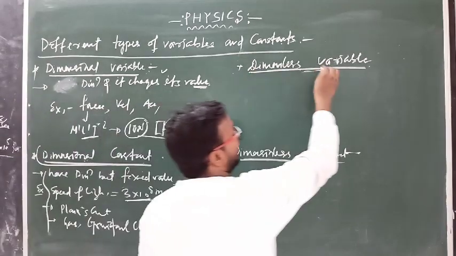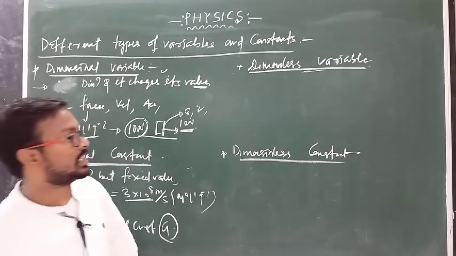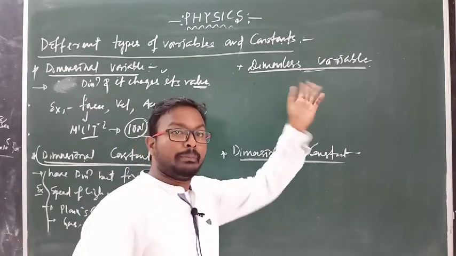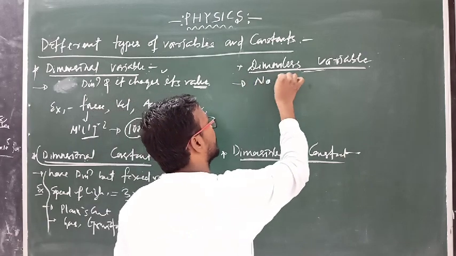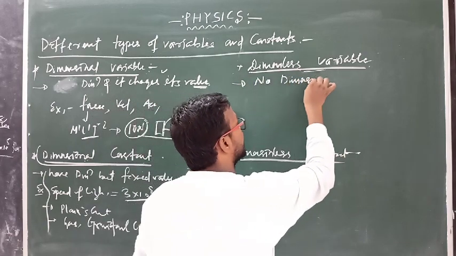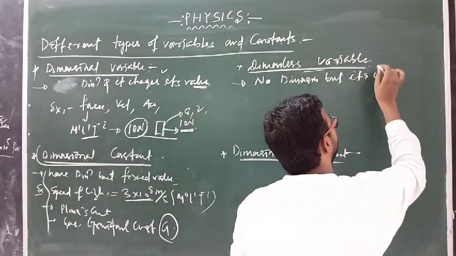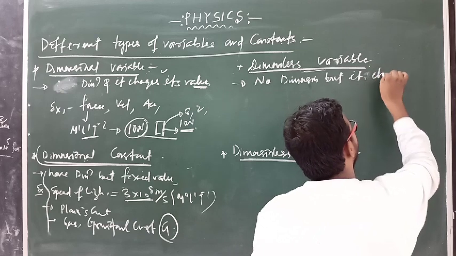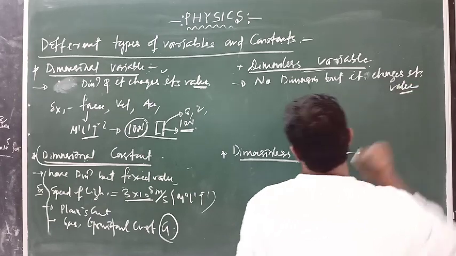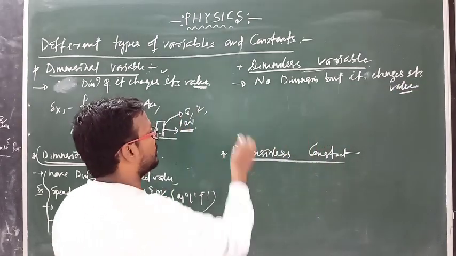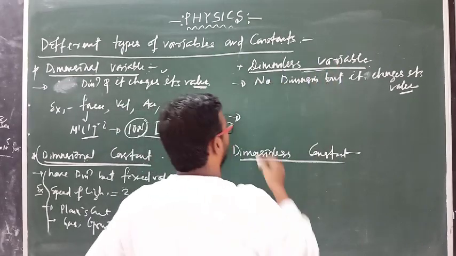Next, dimensionless variable. Such physical quantities have no dimension but their value changes. That means no dimension but its value changes, its value is not fixed. This type of physical quantity is under the condition of dimensionless variable.